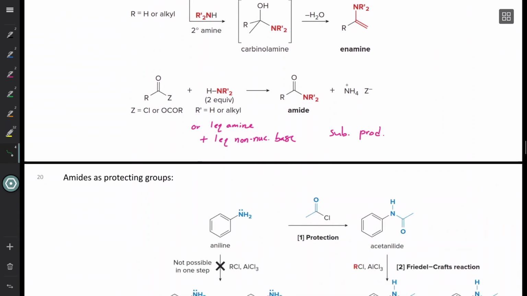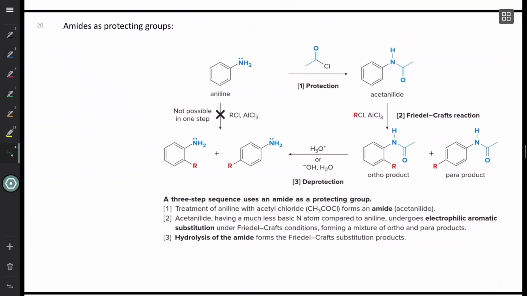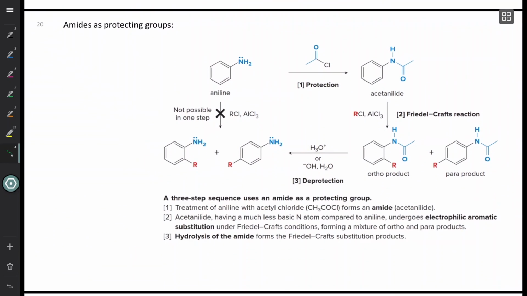So I'm not gonna go over that too much, but one thing that we didn't really cover when we were studying aromatic reactions is that amines interact with Friedel-Crafts.